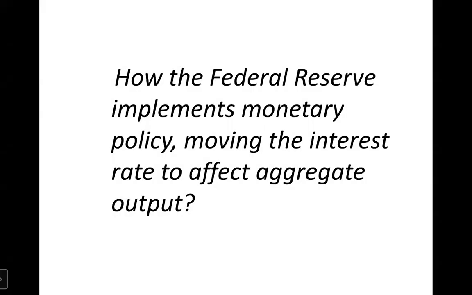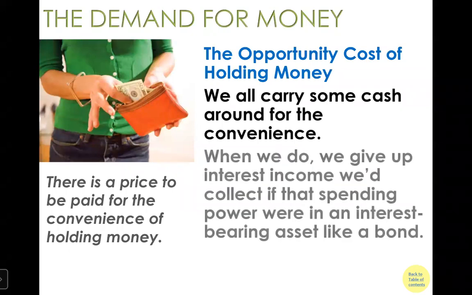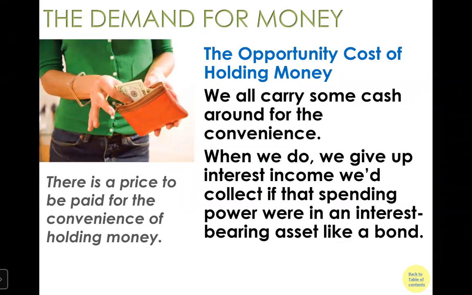For the rest of the time, I'm going to briefly talk about how the Fed implements monetary policy and how they can move the interest rate to affect aggregate output, and eventually reach the goal of mitigating the fluctuation of our economy. To understand that, we need to understand the determination of the interest rate through money supply.